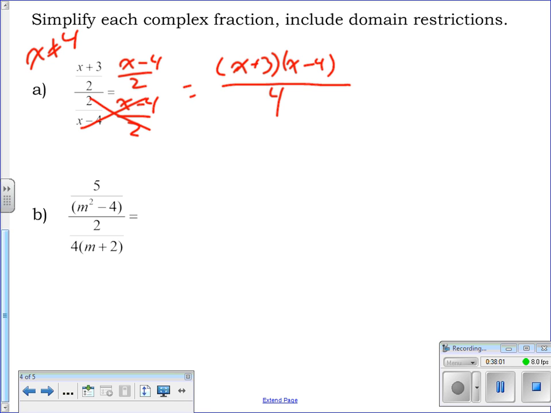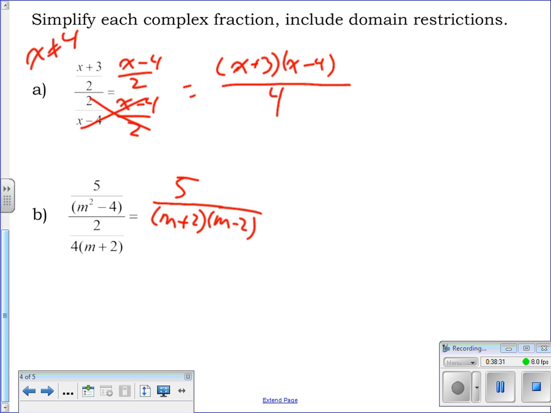Second one's a little goofier. I need to factor before I do anything else. And I can also simplify too. So my upper fraction, I can factor my denominator. This is 5 over (m plus 2)(m minus 2), since m squared minus 4 is a difference of two squares, right?